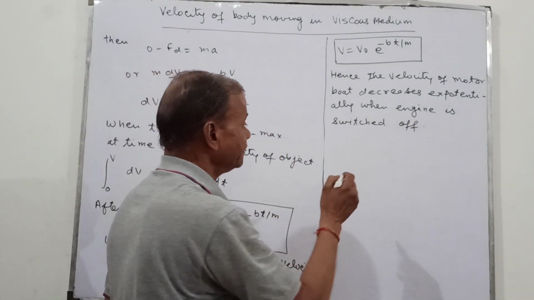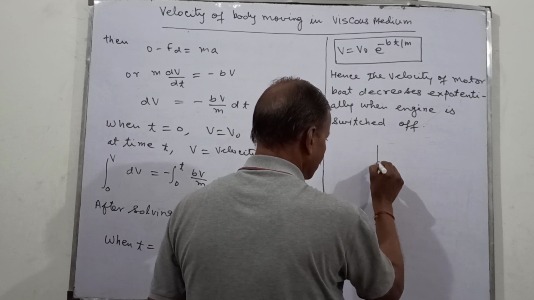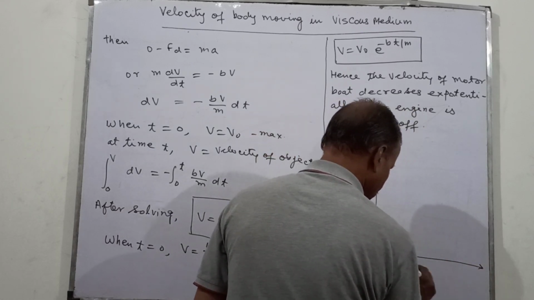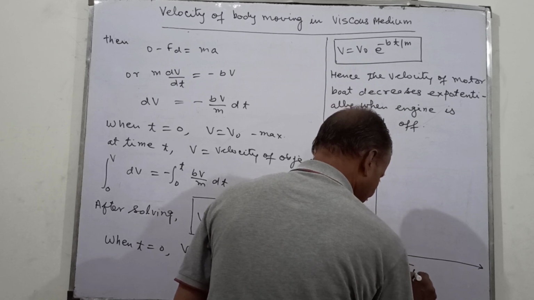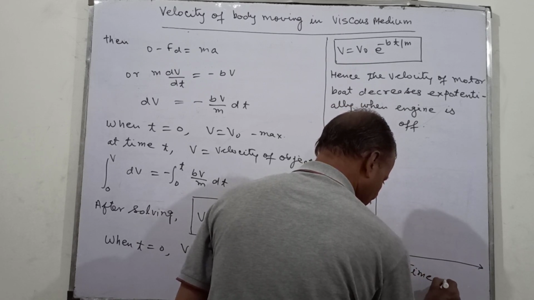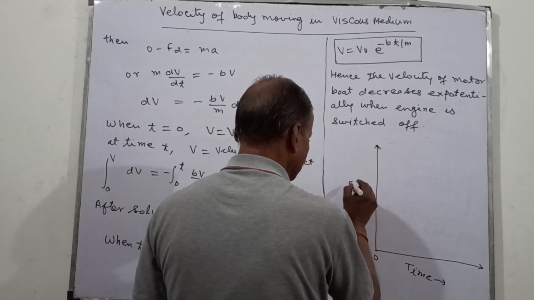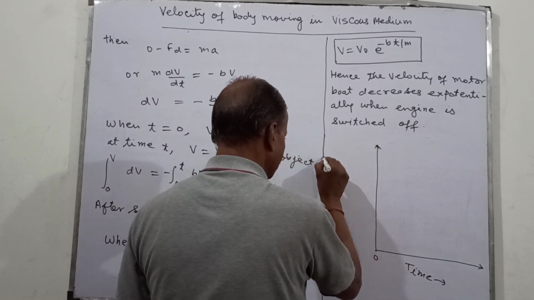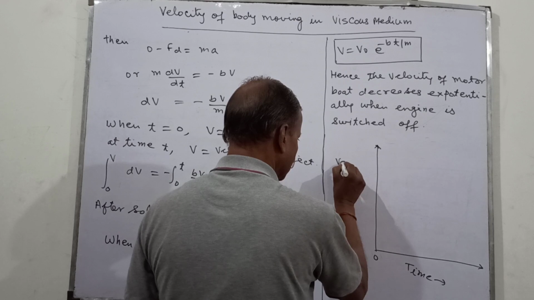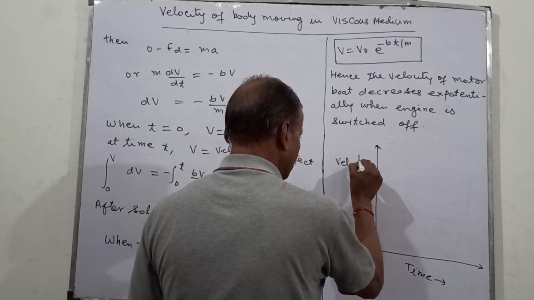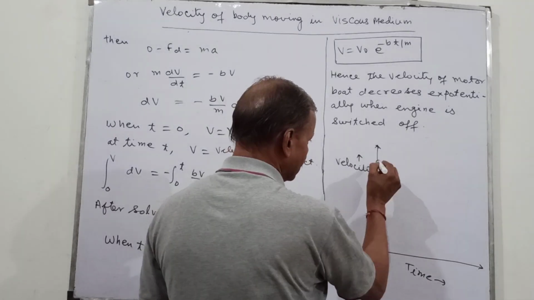So now we can draw the graph of this. We take the time here, this is 0, and here we have the velocity.